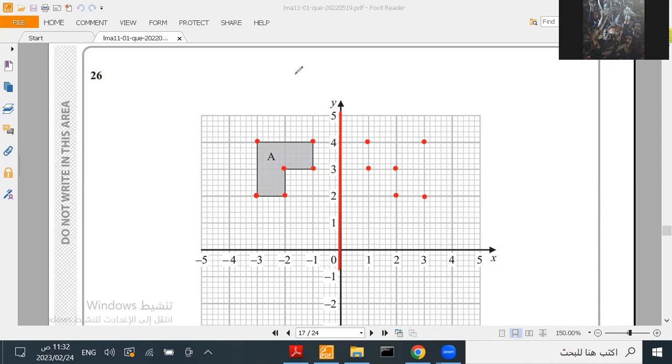Now I just connect the points together وهيك قدرت reflection the shape في الواي axis like this. And that's the idea of the first question.